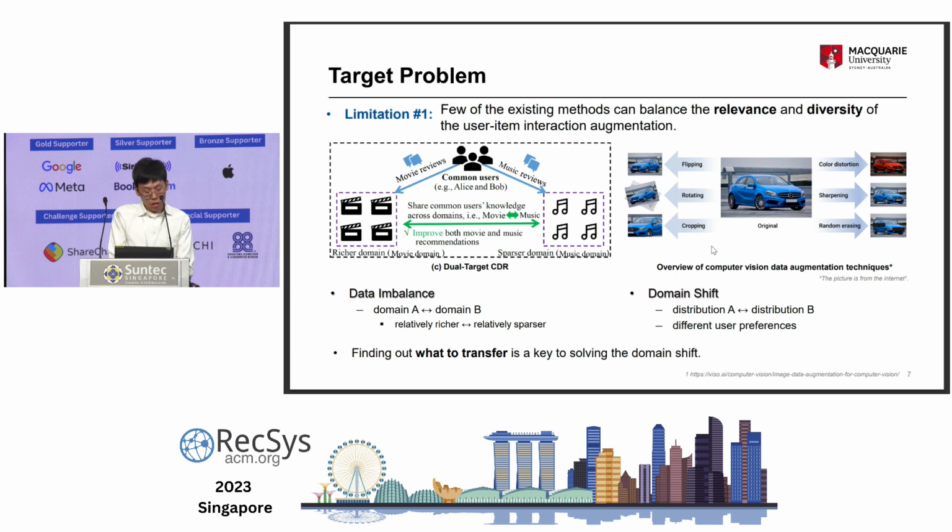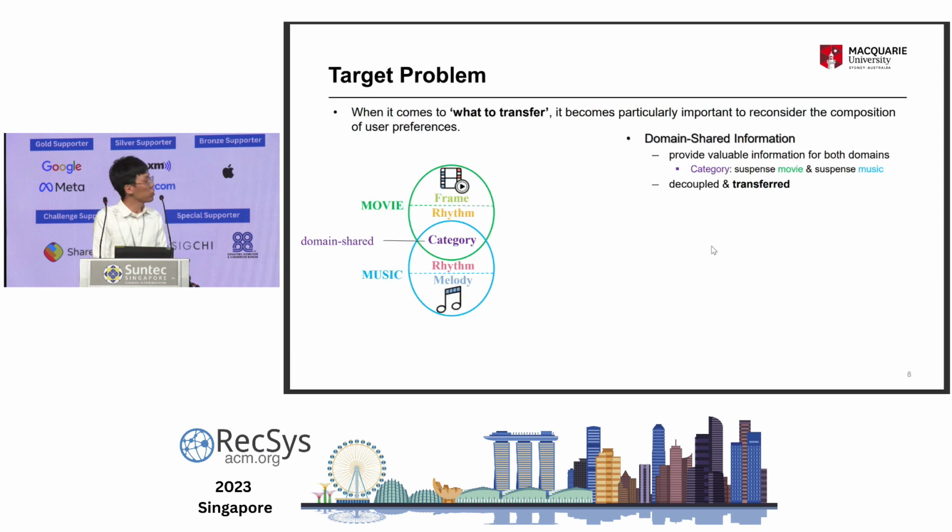So finding out what to transfer is the key to solving the domain shift. When it comes to what to transfer, it becomes particularly important to reconsider the composition of user preferences.